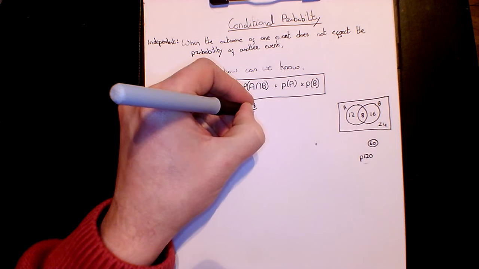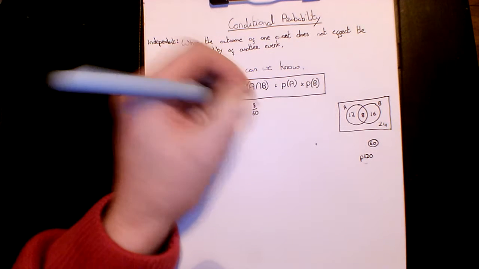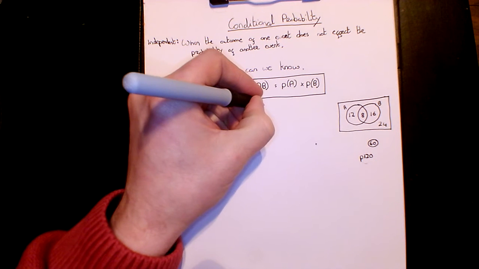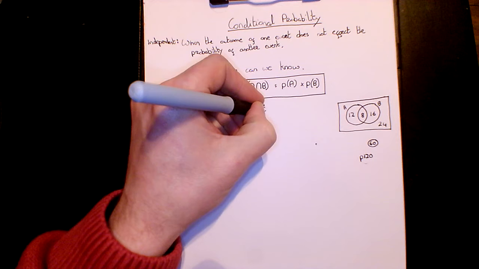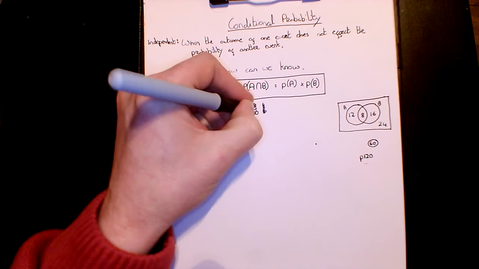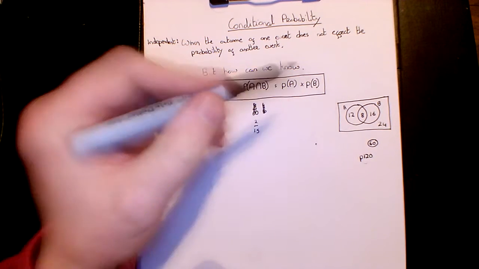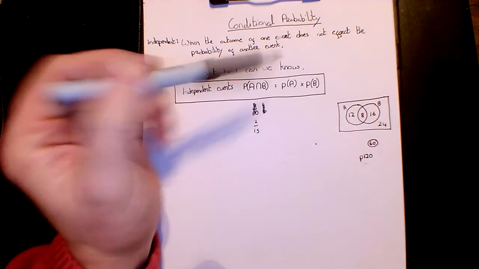And we can break that down, which would be 4 out of 30, which again would give us 2 out of 15. So the probability of me dipping in my hand and picking one of these 8 is actually 2 out of 15.